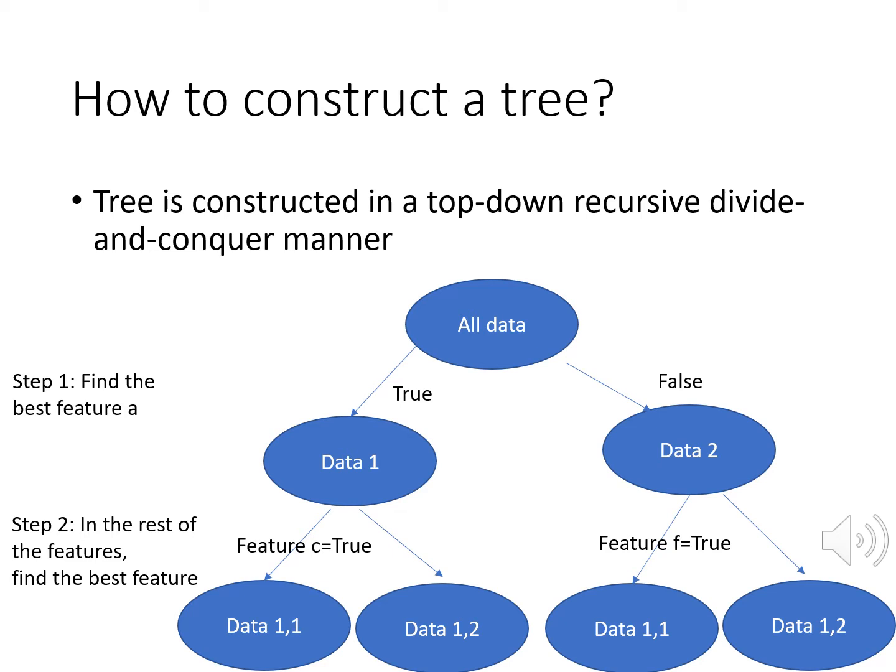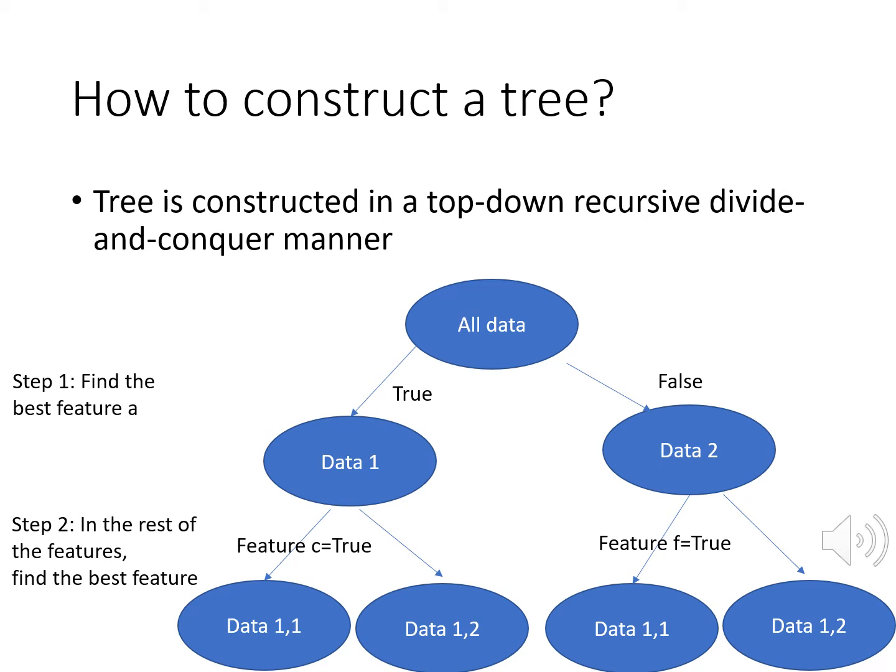For example, in step 1 from the root, we find a best feature A, and when the feature A equals true, we split the data into subset data 1, and when the feature A equals false, we put the data into data 2.